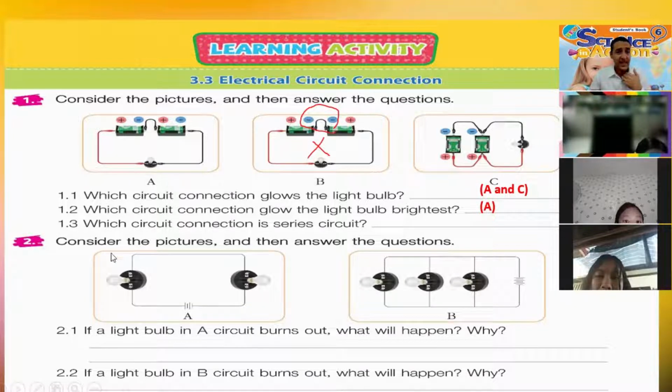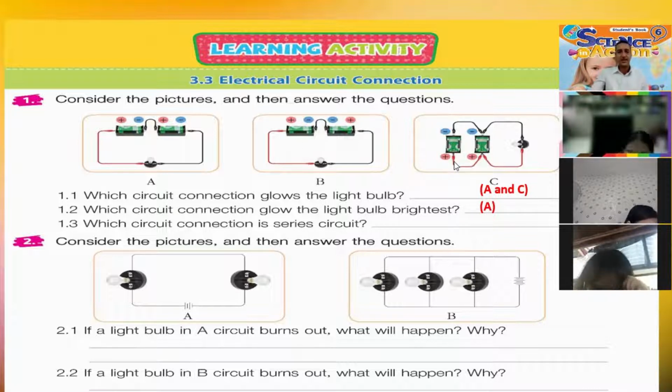All right, now question number 3. Which circuit connection is a series circuit? Take a close look at all these three circuits and tell me which circuit connection is a series circuit. We just learned about series circuit and parallel circuit. So among these three, which one is a series circuit?